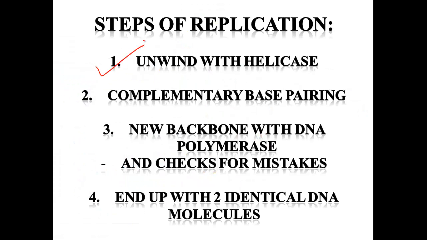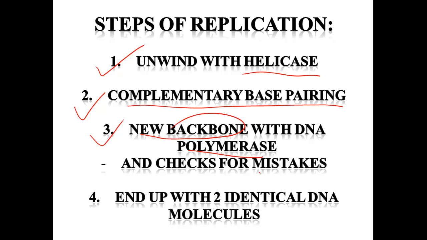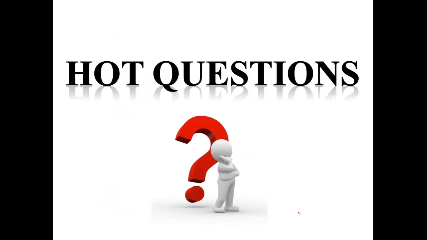Again, the steps of DNA replication are you unwind with helicase, the complementary bases join up, a new backbone is formed with DNA polymerase while it checks for mistakes, and then you end up with two identical DNA molecules, and that is DNA replication. So join me next class with all of your hot questions all about DNA and DNA replication.